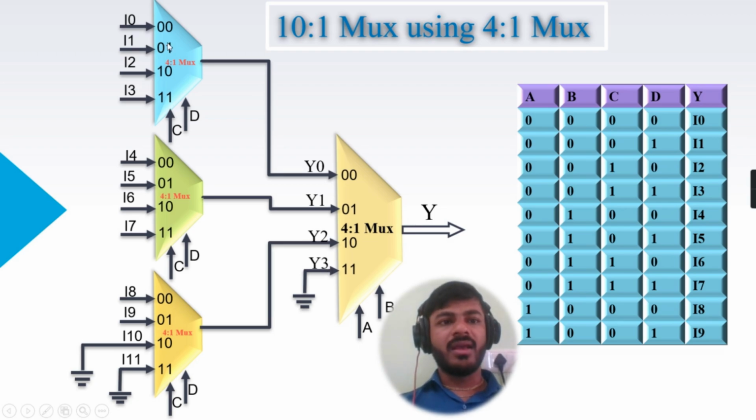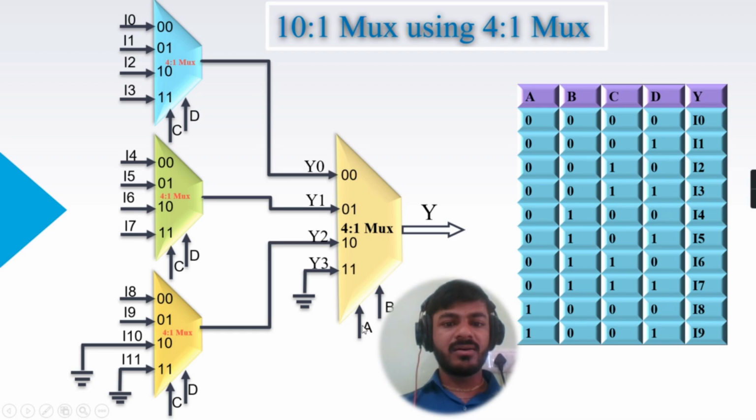Why? If my select lines A and B are 0 0, already I0 is routed into Y0, so Y0 will be routed to the Y. That means indirectly I0 will be routed to the Y. If select lines A and B are 0 0 and C and D are 0 1, then I1 will be routed to the Y. Similarly, if A and B are 0 1 and C and D are 0 0, then I4 will be routed to the Y. You can see A and B are 0 1 and C and D are 0 0, then output Y has I4.